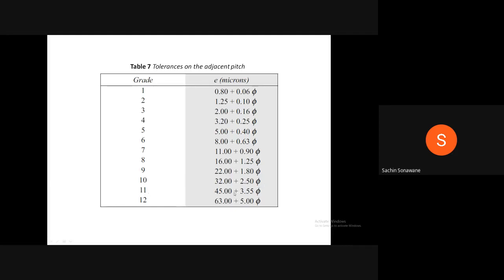For grade 11, 45 plus 3.555 phi. For grade 12, error is equal to 63 plus 5.5 phi. Therefore, this is the table of grade and corresponding error.